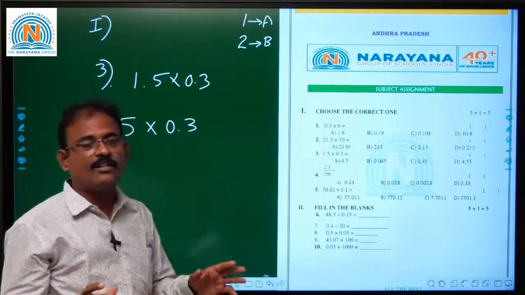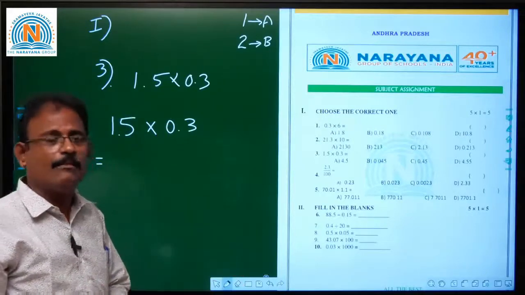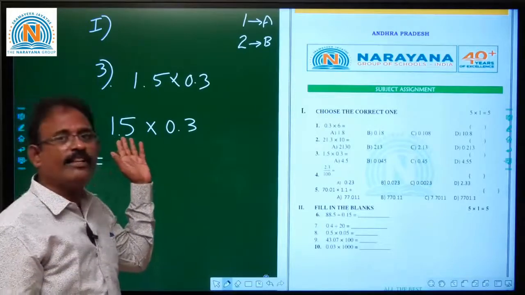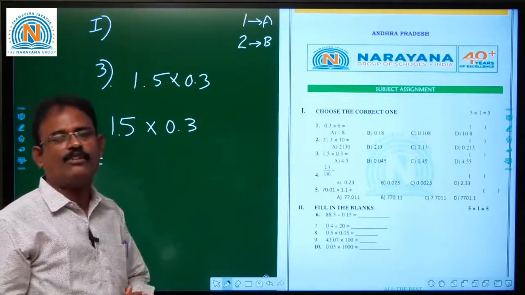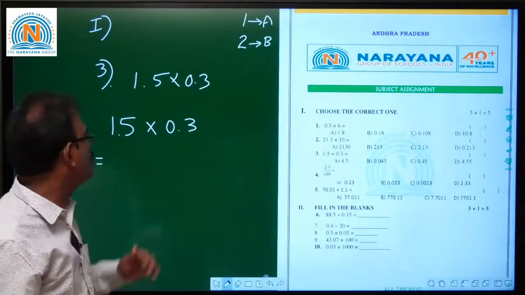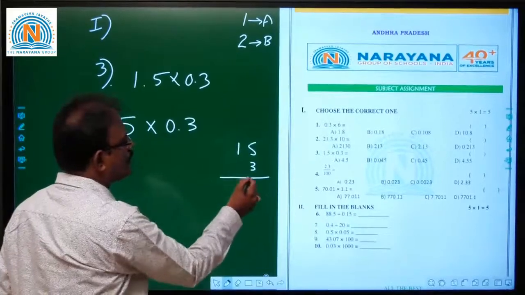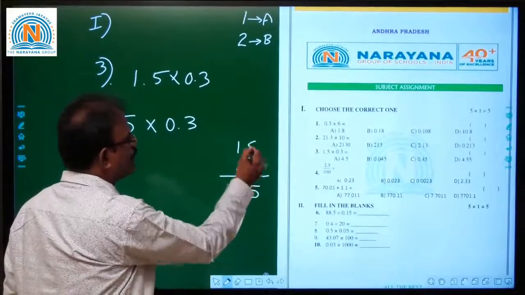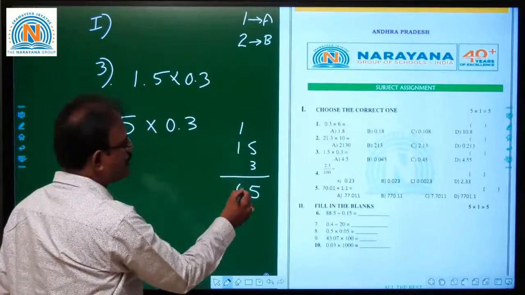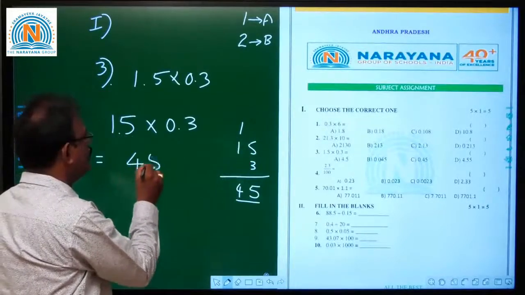Whenever we are doing multiplication with decimal numbers, first you forget about the decimal point, then multiply 15 with 3. There is no value of 0 when it is on the left side of digits. So 15 into 3, 15 3s. How much, children? 3 5s are 15. 3 1s are 3 plus 1, 4. So 15 3s are 45.